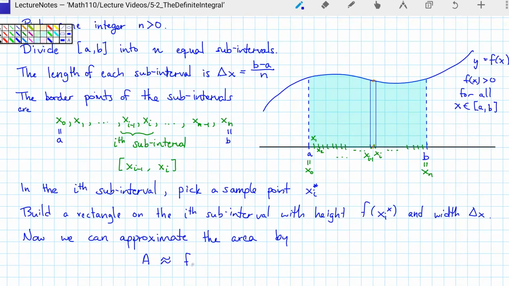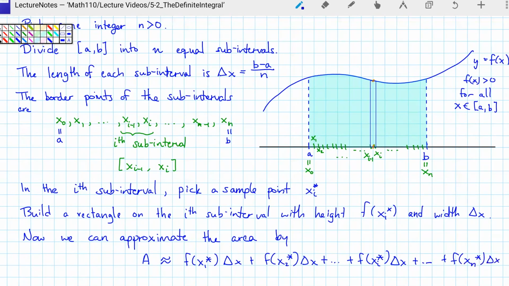So it would be f of x1 star times delta x plus f of x2 star times delta x plus dot dot dot, f of xi star times delta x plus dot dot dot plus f of x sub n star times delta x.